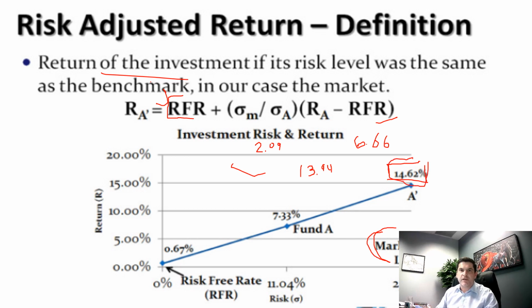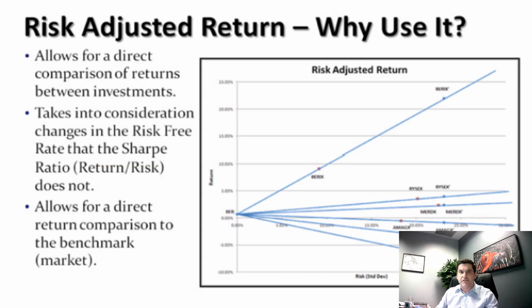So the reason that this becomes important, particularly when building a portfolio of asset classes with different risk levels and trying to create a portfolio of low correlation, is that you can actually directly compare returns between investments while considering the risk that the investor is taking on through the purchase of that investment.